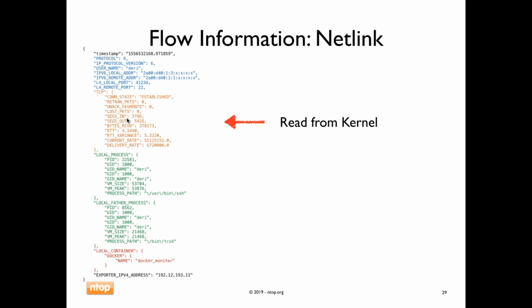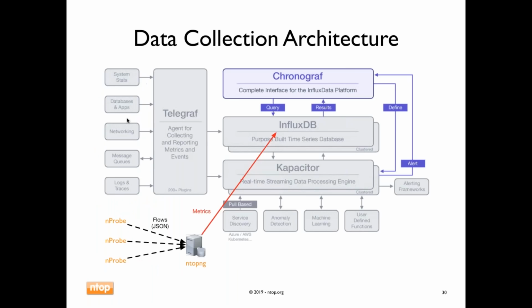And inside Netlink, it's possible to read things like the number of retransmissions, the latency, the number of bytes, the current rate, so that we can also perceive how the system sees a certain communication from the TCP standpoint. And contrary to many other systems that limit their visibility to TCP, we are also able to see UDP communication.